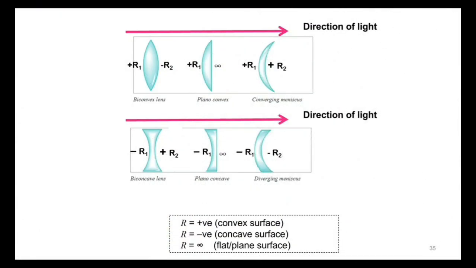Let's see how to decide which surface becomes the first surface and the second surface. Here it shows the direction of the light is to the right. Therefore, the ray encounters the surface at the left first and then it encounters the surface at the right. That makes the left surface the first surface and the right surface the second surface.